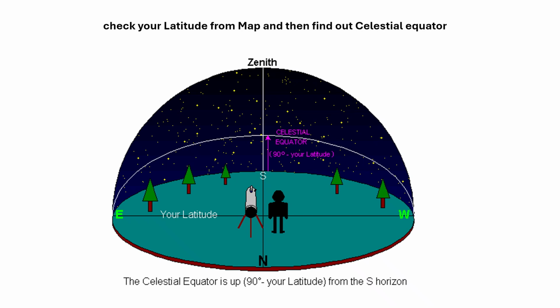If you are facing south, curving from the south point on the horizon up to the zenith is an imaginary line in the sky known as your meridian.